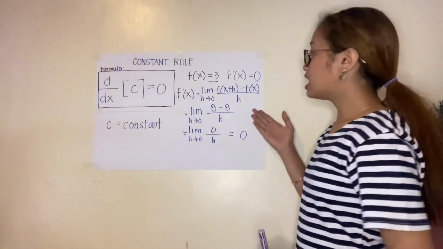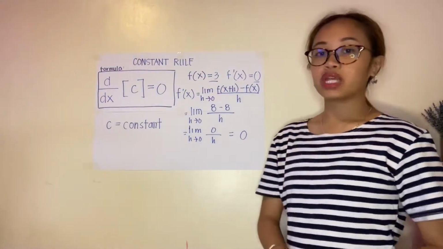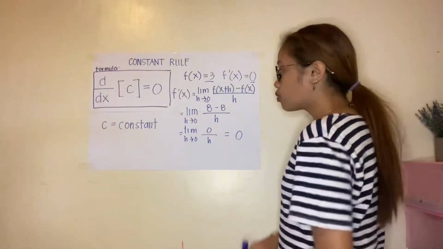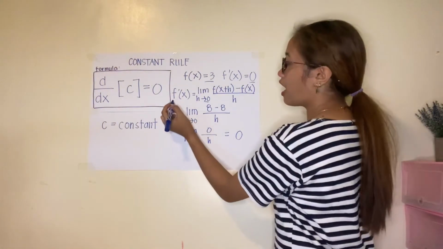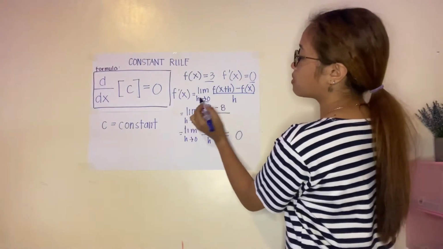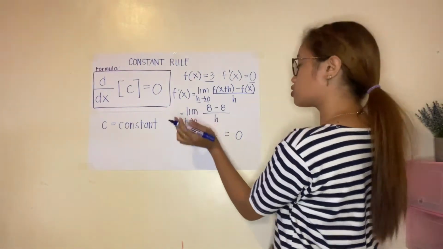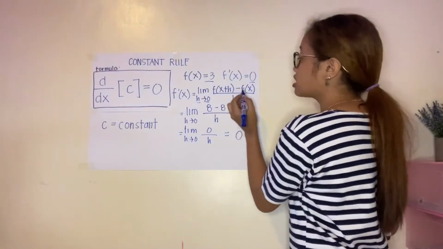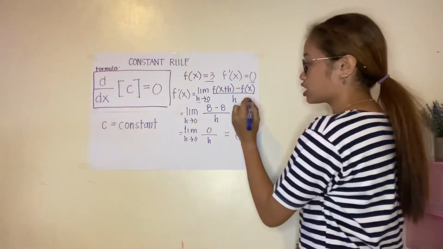To further elaborate this, we will be using the definition of derivatives, where we know that f prime x is equal to the limit as h approaches 0 for f of x plus h minus f of x over h.